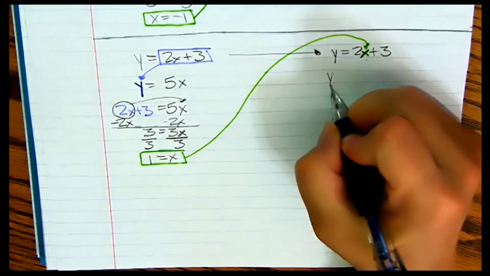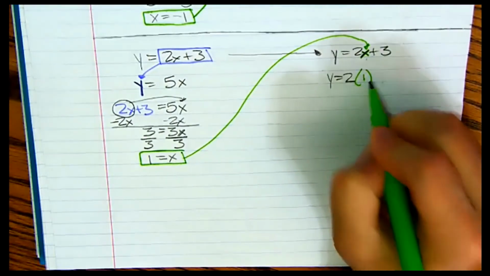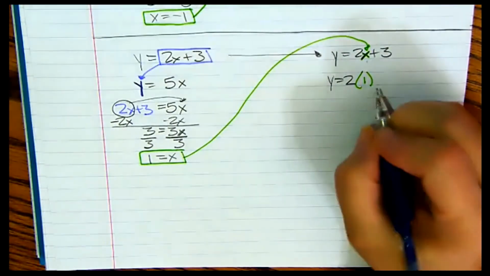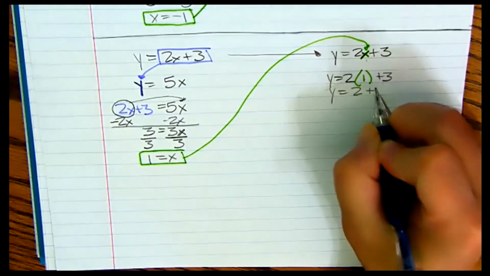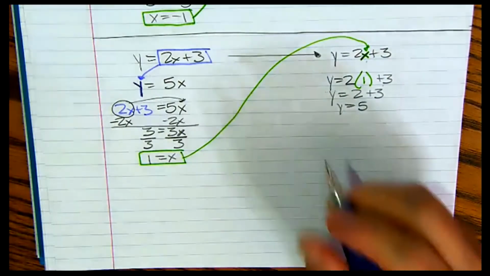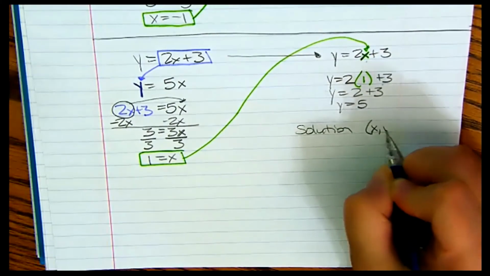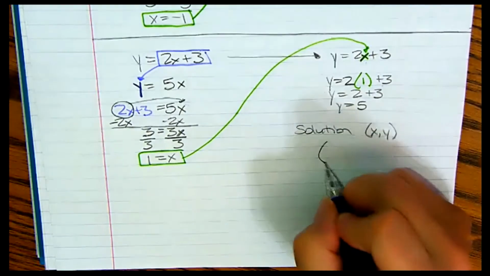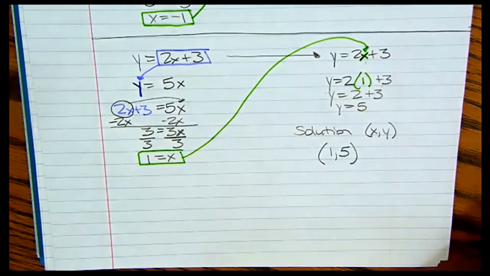So I've got y equals 2 times 1 plus 3. y equals 2 plus 3. y equals 5. So my solution, remember the solution is x, y. My solution is 1, 5.